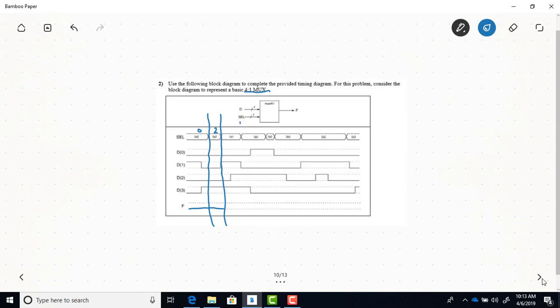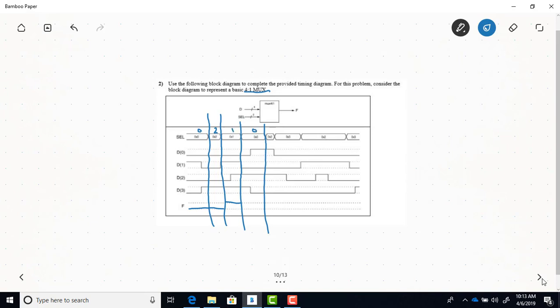Okay, then our select line changes to 1, so the data on D1, which is high, gets passed through to the output F. Okay, then the next select line value we get here is 0.